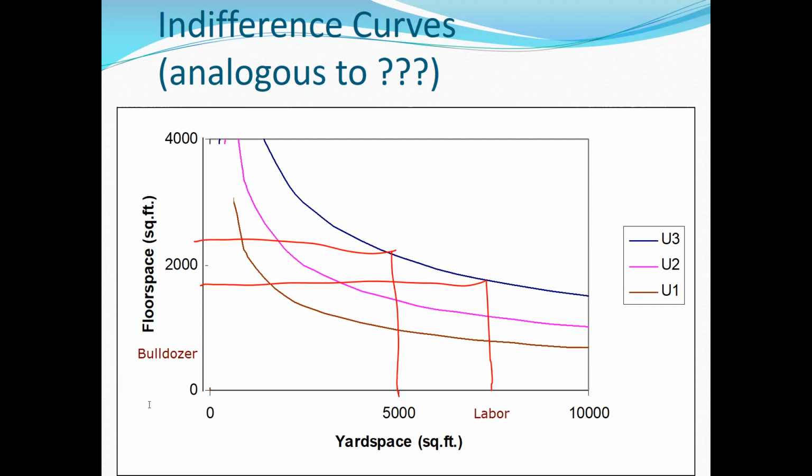So we had labor and bulldozer on the X and Y axes, and instead of having utilities, we had the amount of road constructed, right? So I'm showing you the analogy from the previous lecture: if the amount of road constructed were the exact same, then we call them isoquants, right? So that's what we're dealing with.